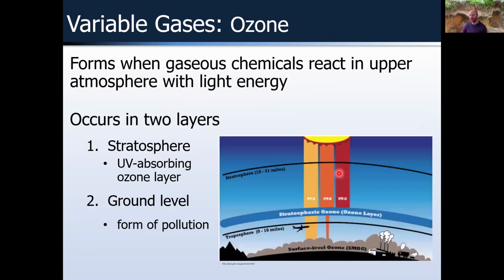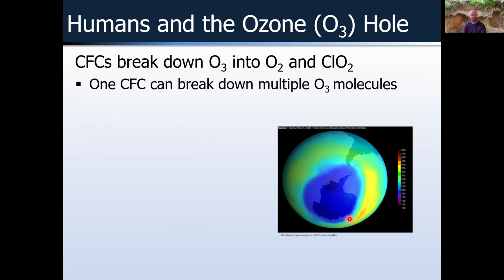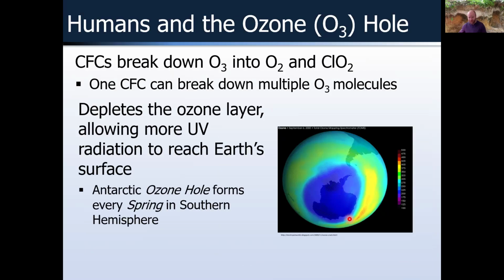Going back to this slide, ozone here in the stratosphere is protecting us, shielding us from an incredible amount of ultraviolet and other forms of shortwave radiation. Due to this, there was an incredible depletion of the ozone layer. It happened across the globe, but was highly concentrated near Antarctica, in the Antarctic Circle.